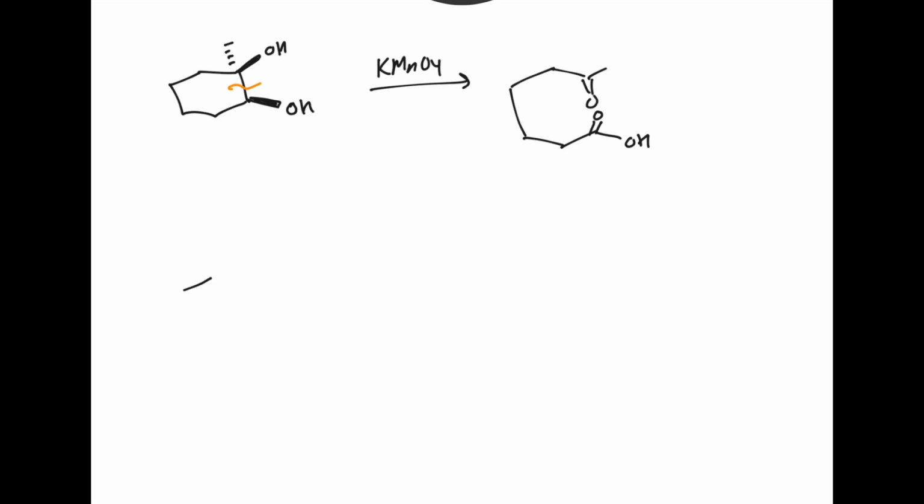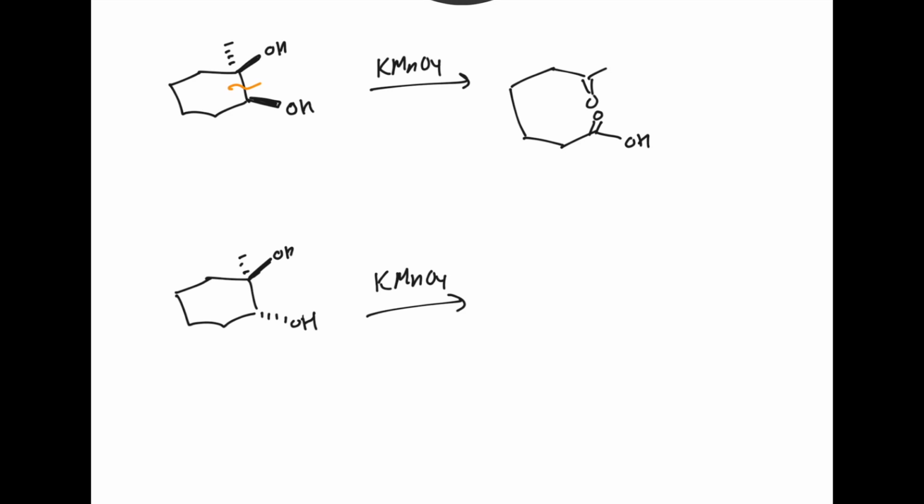Right? If the alcohols are trans, then you can't do the cleavage, right? Because they're not cis. But KMnO4 is still going to do as much chemistry as KMnO4 can do, right? So it's going to look at that secondary alcohol and go like, I can oxidize you.